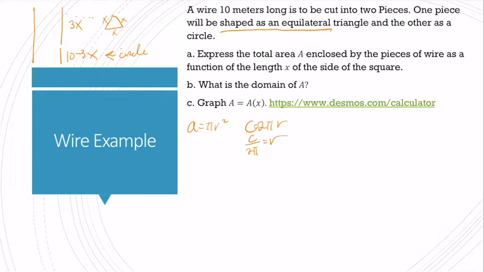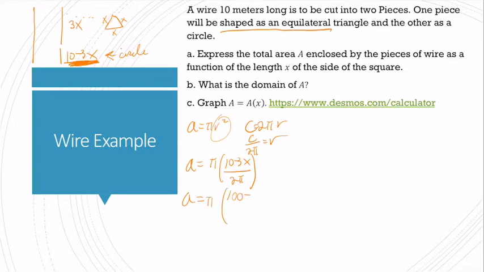Okay, so my area for the circle is going to be area equals pi times r squared, and my r in this case, my circumference is 10 minus 3x over 2 pi. I go ahead and square this. We're still just finding the area of the circle.